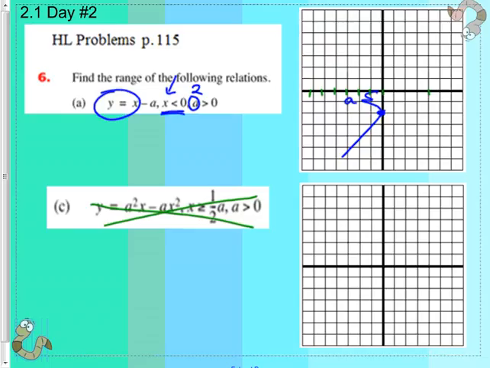If x has to stay less than 0. And in fact, there's still something wrong with my graph. What's wrong? Still touching at 0, exactly. So this spot right there needs to be an empty spot. Where is said empty spot? It's at x is 0 and y is negative A.